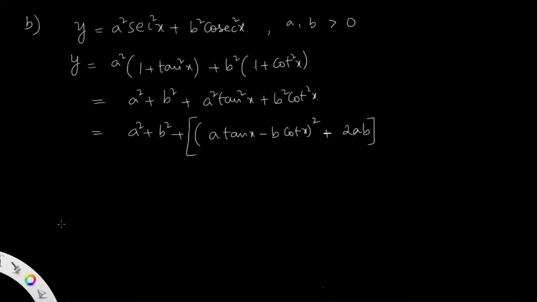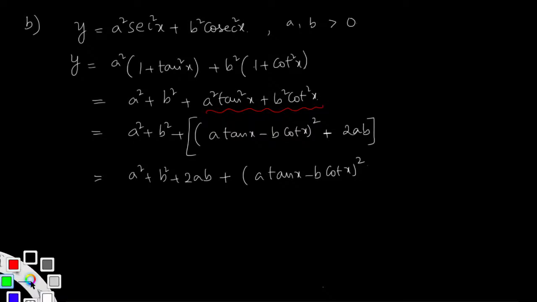So now I am adding a square plus b square plus 2ab on one side, and then writing a tan x minus b cot x whole square.